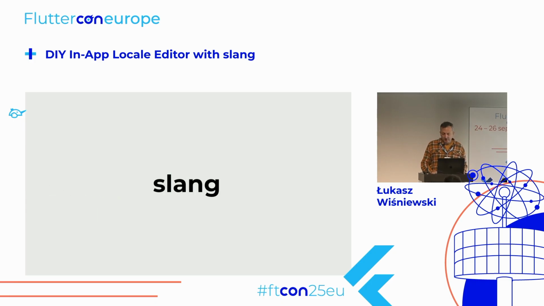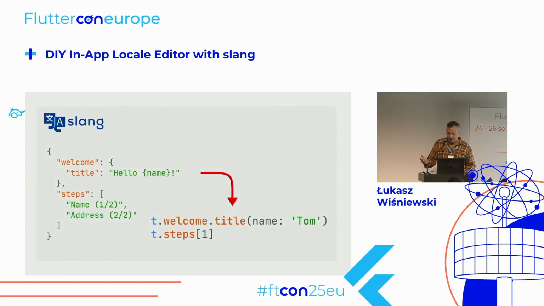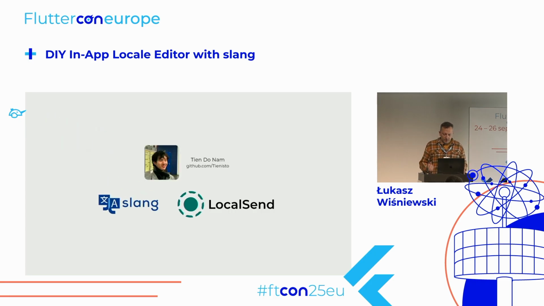Doing some research, I came across a library called Slang. Slang is an open source package that helps you generate type-safe translations, supports JSON, YML, ARB, and I think CSV. Shout out here to Tien, who wrote this library.